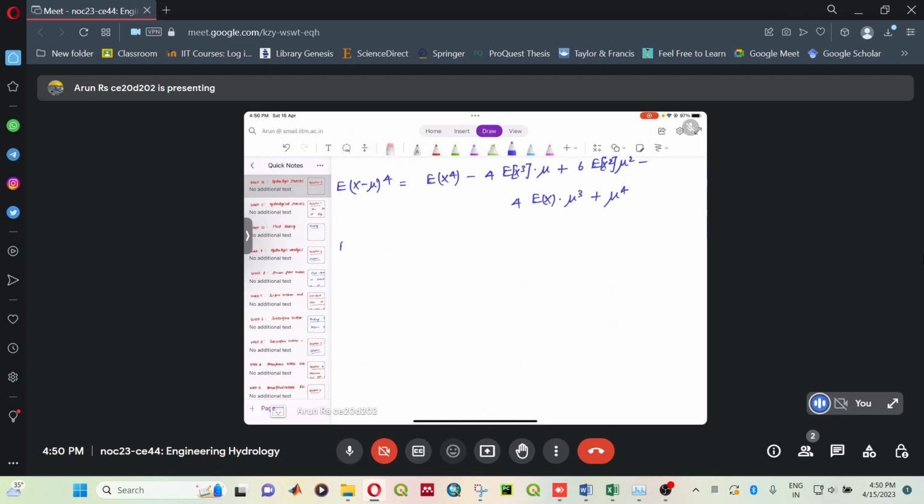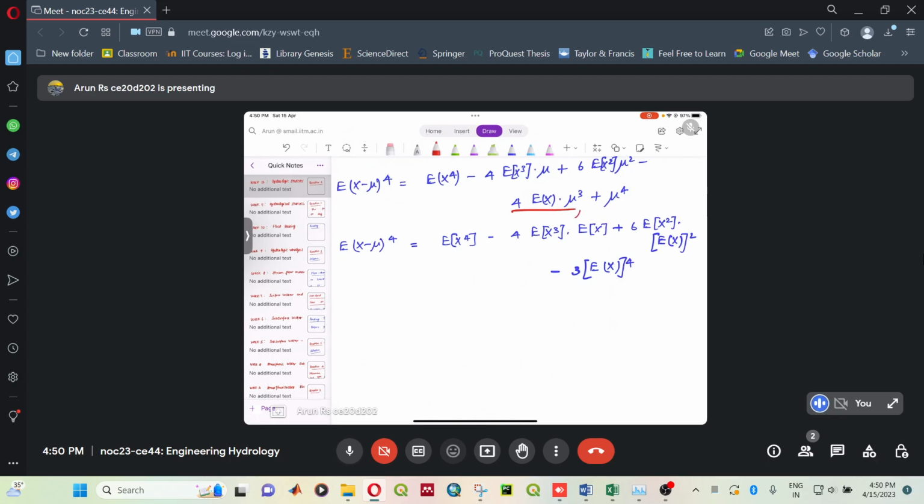And we can simplify this similar to the previous one. That will be E of x power 4 minus 4E of x cube into E of x plus 6E of x square into E of x the whole square minus 3 into E of x the whole power 4.